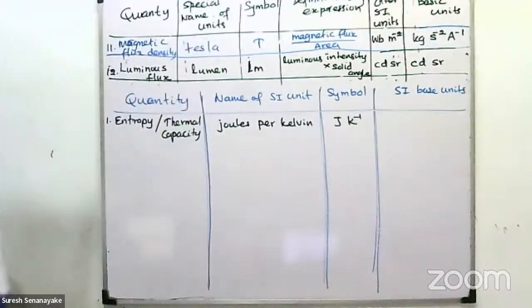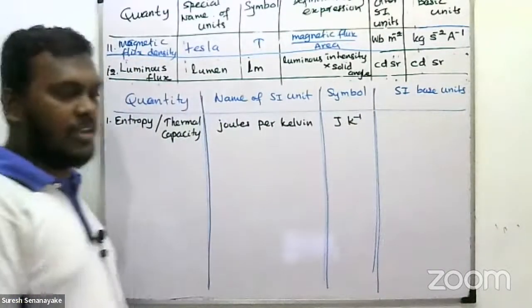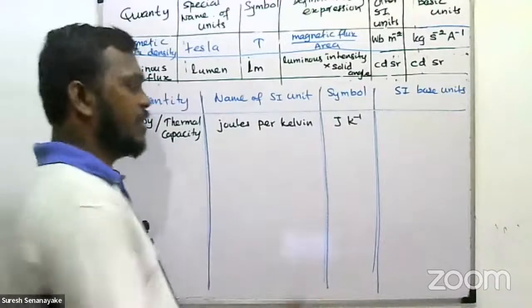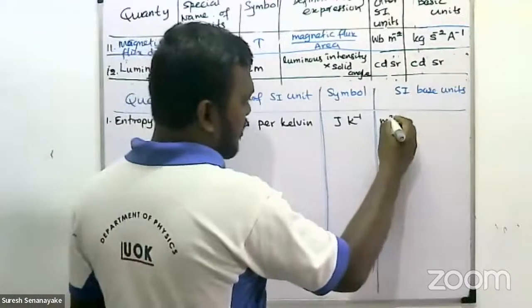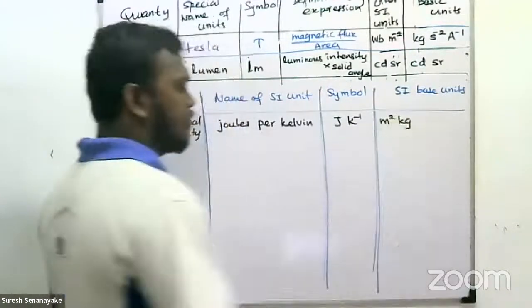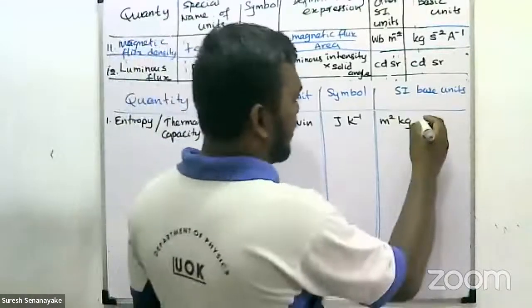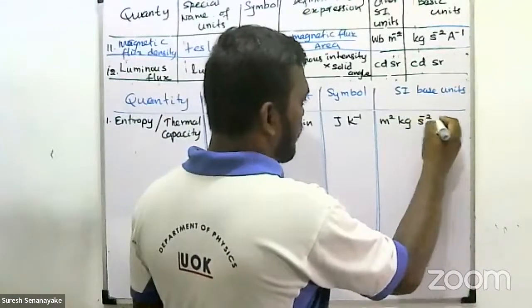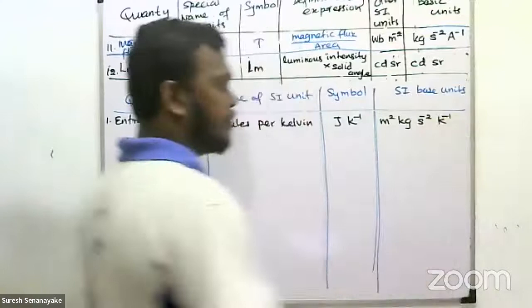In SI base units, joule you can write as meter square, kilogram, s minus 2, K minus 1.